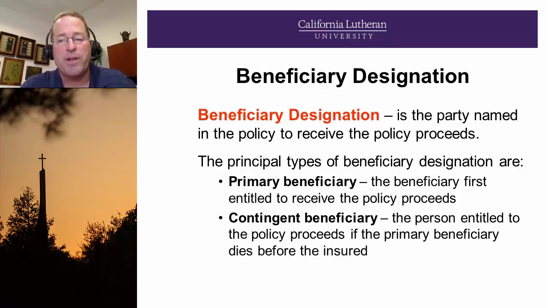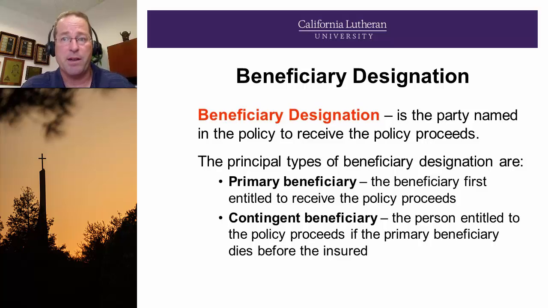With regard to beneficiary designation, the beneficiary is the party named in the policy to receive the policy proceeds. And there are typically primary and contingent beneficiaries. In most life insurance contracts, you'll see primary, successor, and final as terminology used, so first, second, and third. If the first beneficiary is dead at the point of the death benefit being received from the insured, it would go to the successor or contingent beneficiaries.